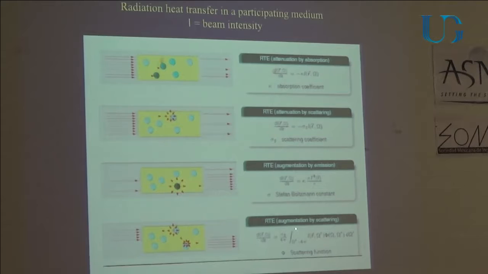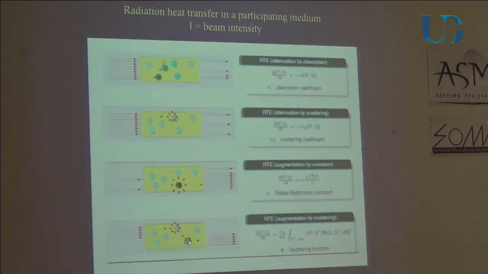And also, we will have an increase of the energy density due to scattering. The same phenomenon that reduced the intensity will increase it by the following mechanism. Imagine that the energy comes in and interacts with a particle. It will start re-emitting in all directions. But one of the directions will hit another particle, and the other particle will scatter again, and one of these beams will go in the direction that we are analyzing.